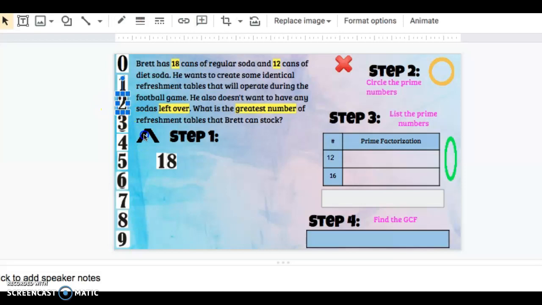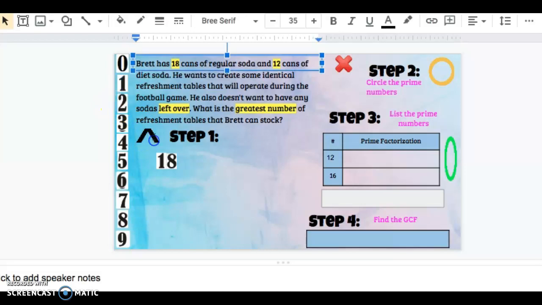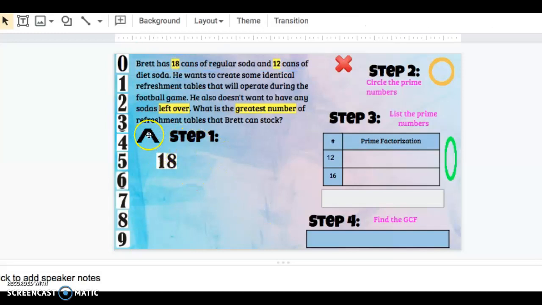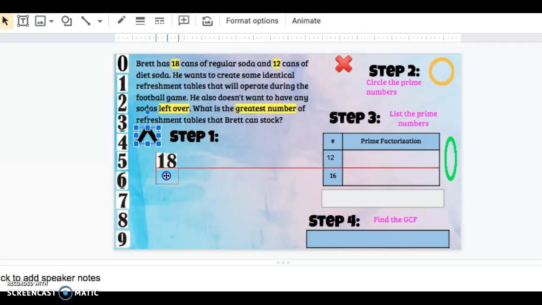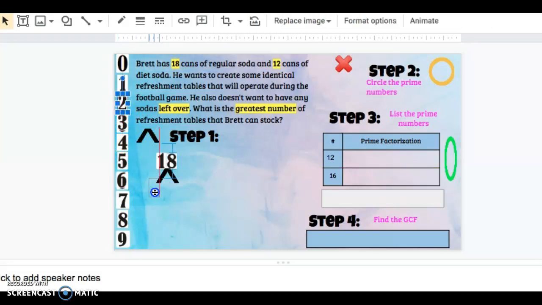We're going to break it up. I'm going to break up 18 into 2 and 9, because 2 times 9 gives me 18.